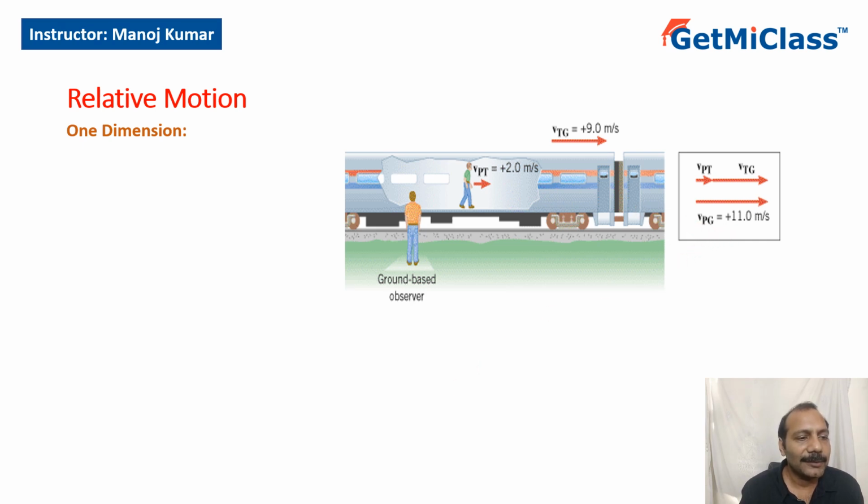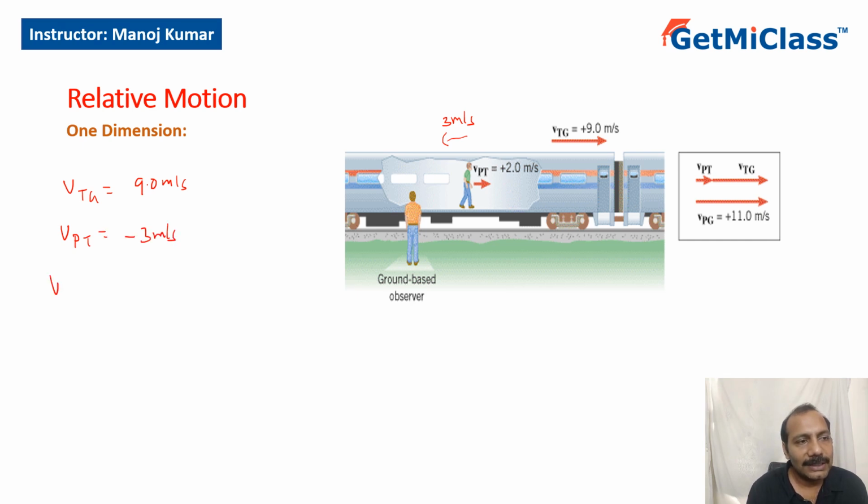Now let me make a small change to this. Instead of moving forward at 2 meters per second, let's say the man is moving backward at 3 meters per second. In that case, what will be the speed? I will represent it as the velocity of train with respect to ground, which is 9 meters per second. The velocity of person with respect to train in the new case would be minus 3 meters per second.